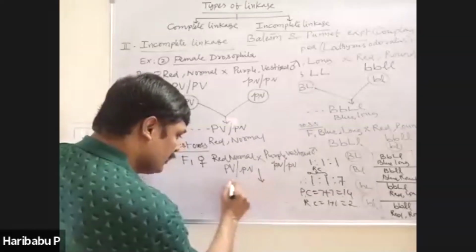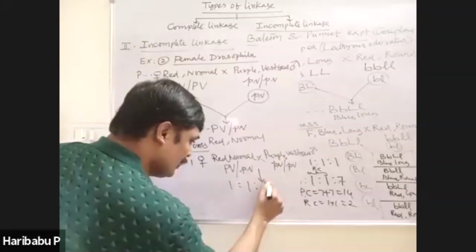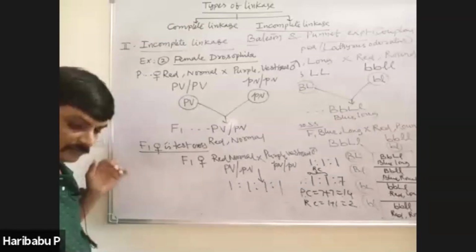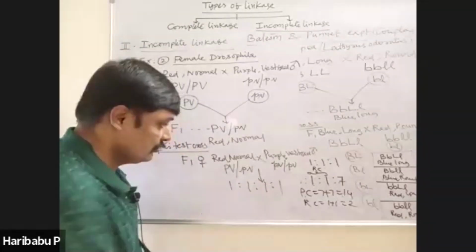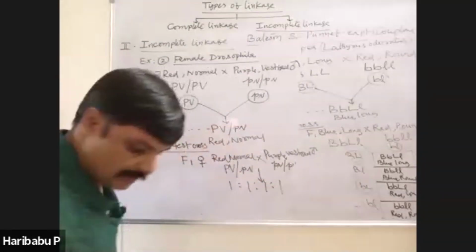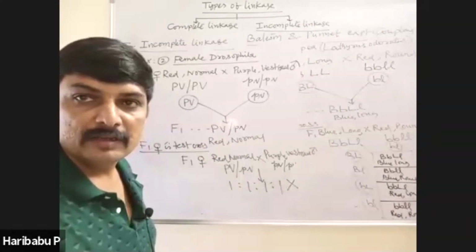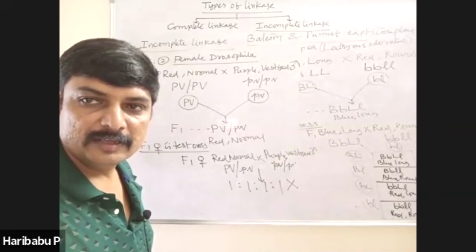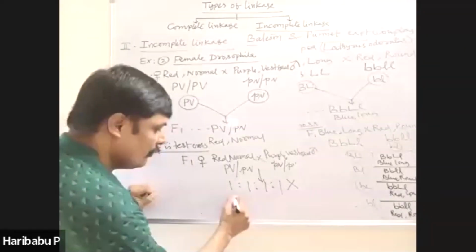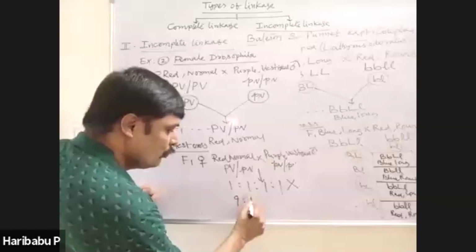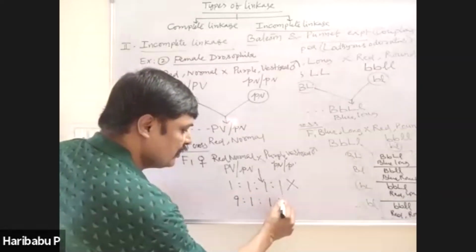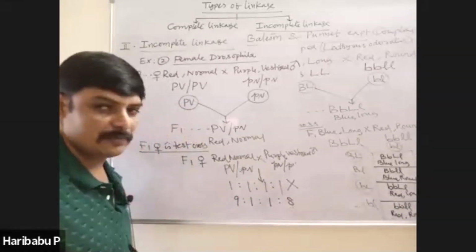What is the expected ratio? 1:1:1:1. Okay, this is the expected ratio. But here, this ratio is not obtained. Instead, 9:1:1:8 is obtained.